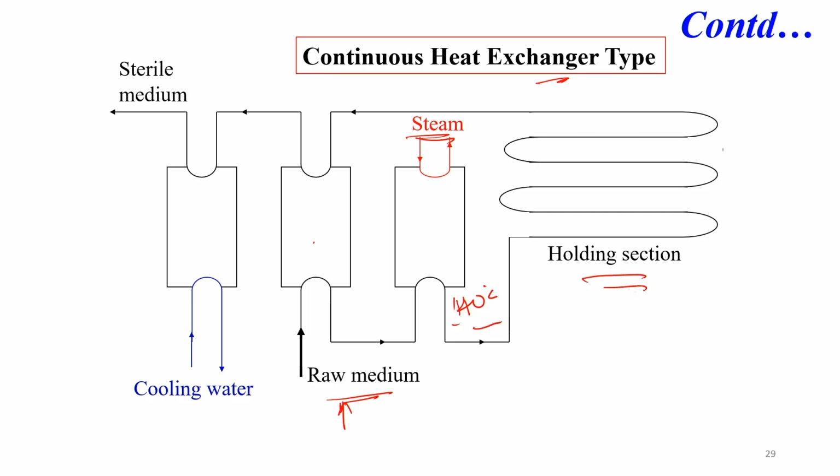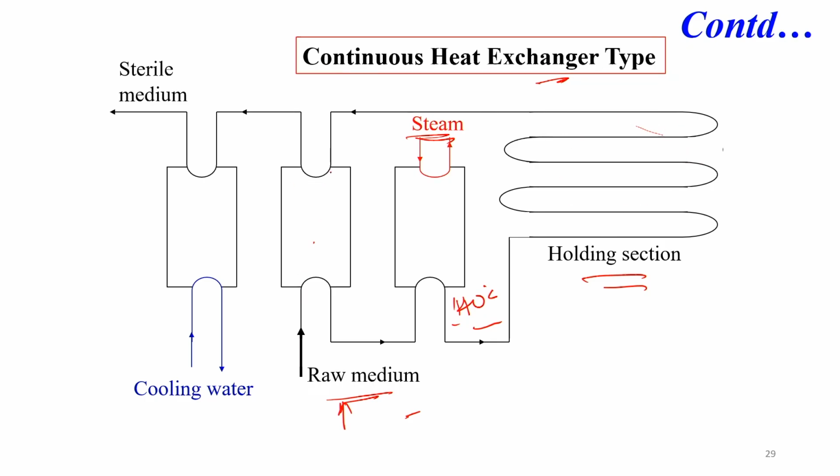Then again, similar to the last slide, there will be a holding section, and what is important here in the case of heat exchange is you are able to recover the heat, because this is the hot sterilized media.